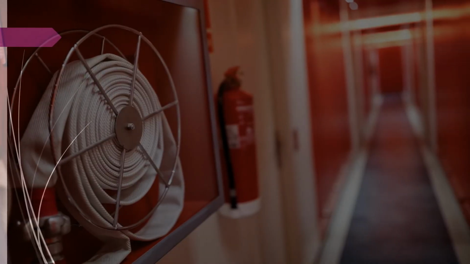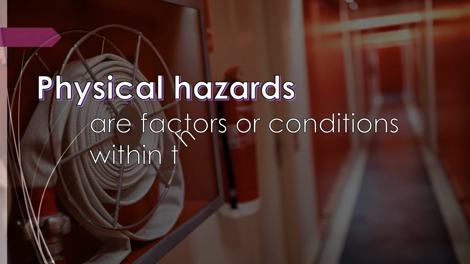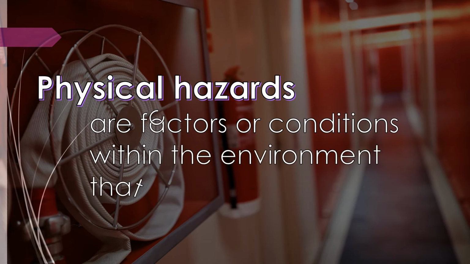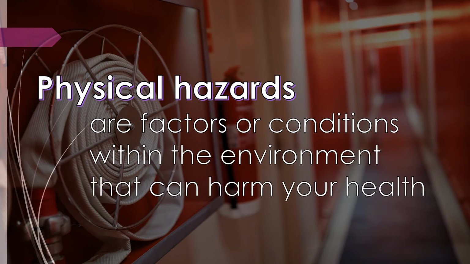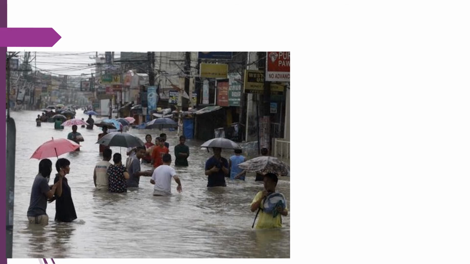Next is physical hazards. These are factors or conditions within the environment that can harm your health. Example of physical hazard: flood problems can be affected by both natural and human elements, such as clogged waterways, old drainage systems, and huge amounts of trash generated due to improper waste disposal.